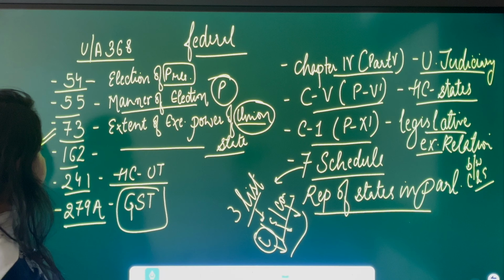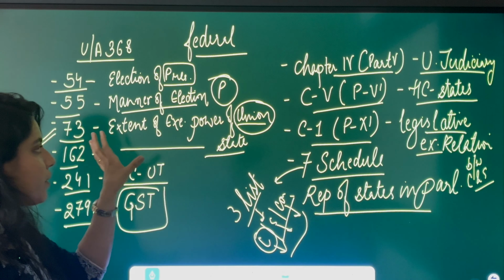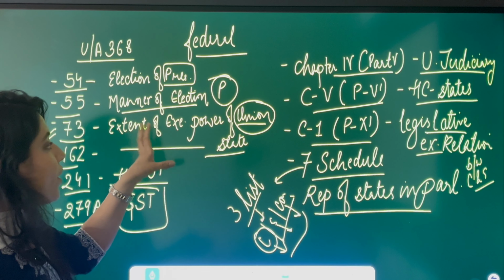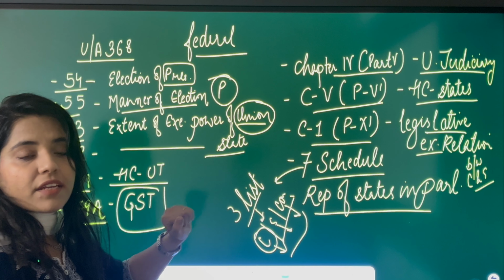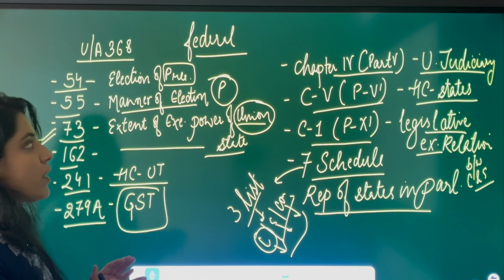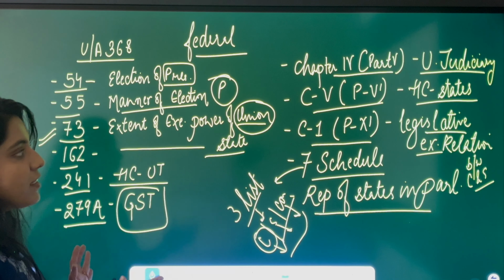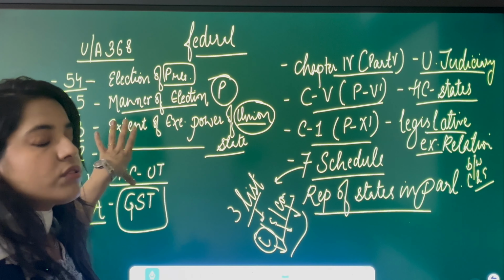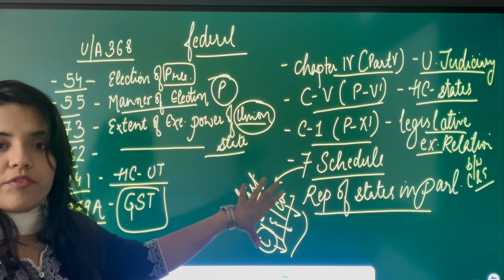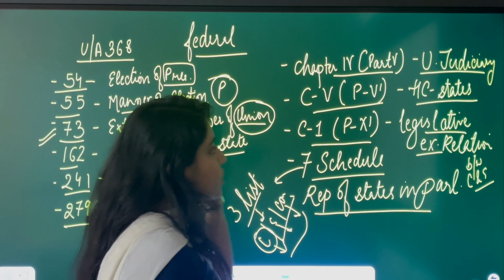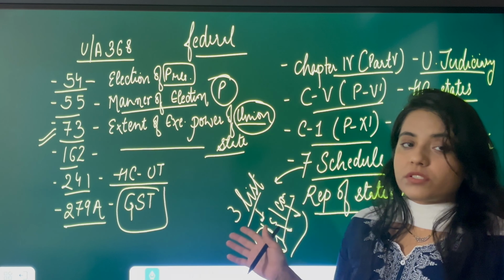Similarly, if the union goes ahead and changes the extent of its executive power or the extent of executive power of the state, it can shift the balance of power in its direction. So in order to maintain a federal balance, these topics also need state ratification to change the Constitution of India, right? So this was about the amendment to the Constitution.